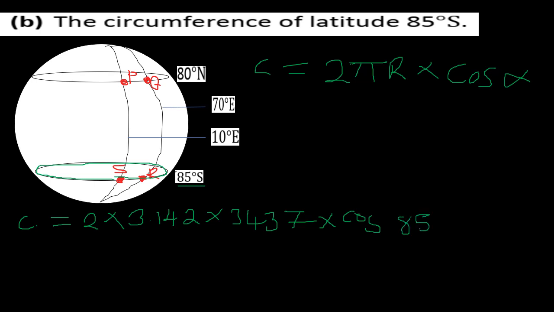To find the circumference, we'll punch this on the calculator, and our answer is simply 1880.4 nautical miles. This is our answer. So that's the circumference that we have found.